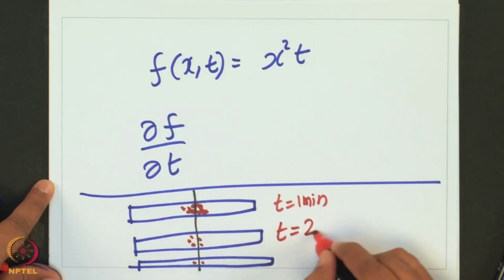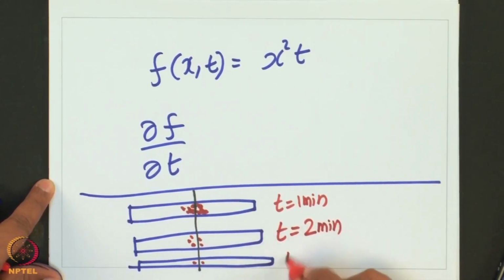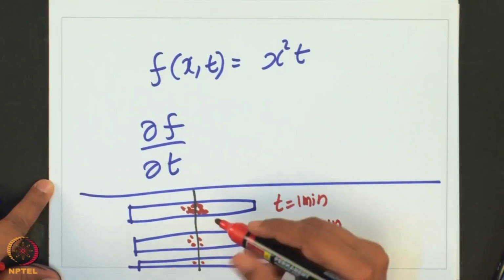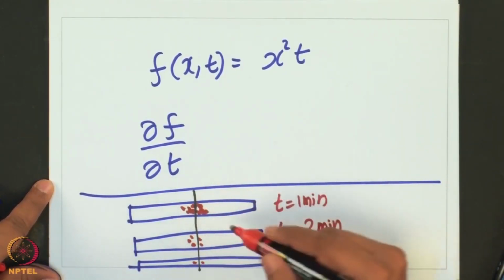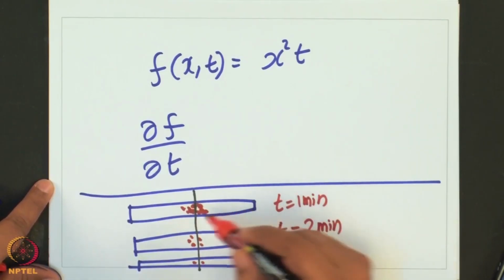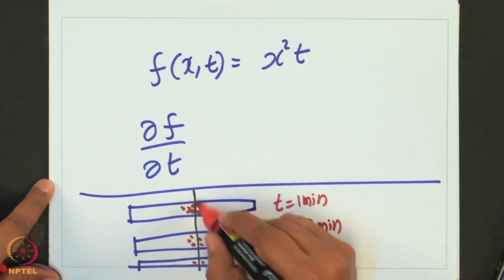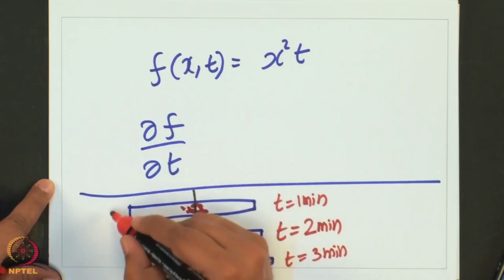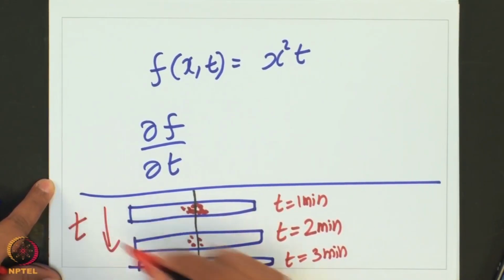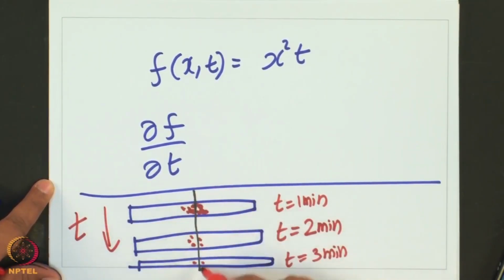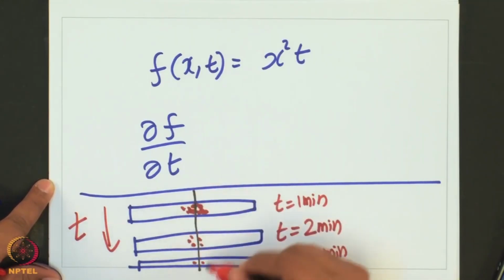I don't know. This is equal to 3 minutes, and so on and so forth. It could increase or decrease depending on it. So the point here is that I look at only one particular position, but at different times. So this is time. At different times, I look at just one location and measure the concentration there.